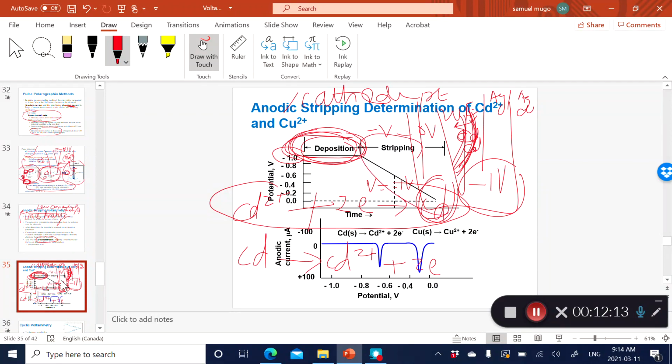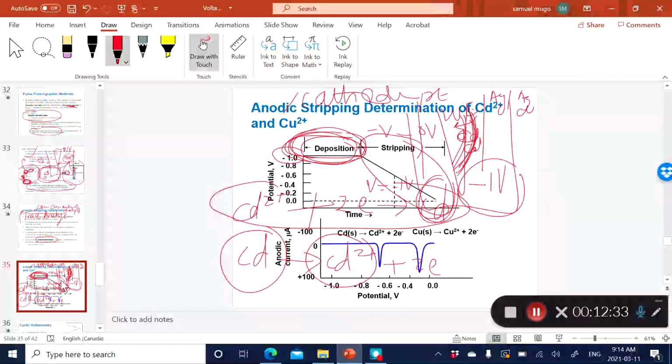And at this time, that's what we are saying, we are stripping it, because of course cadmium is a solid, meaning it's going to get coated on the electrode surface. When I start oxidizing it, it becomes cadmium 2+. Ions are soluble in water, so I'm pushing it back to the electrolyte solution.